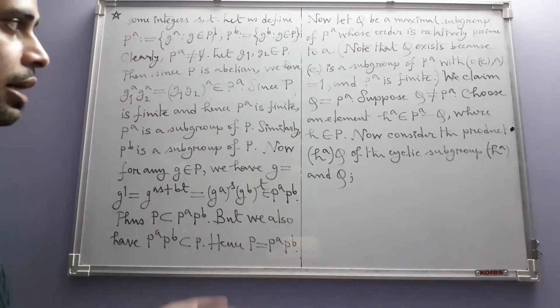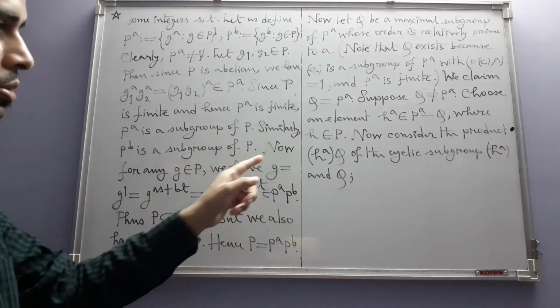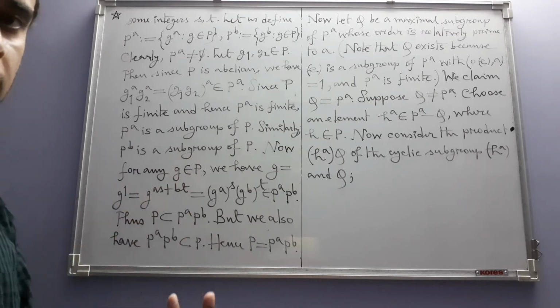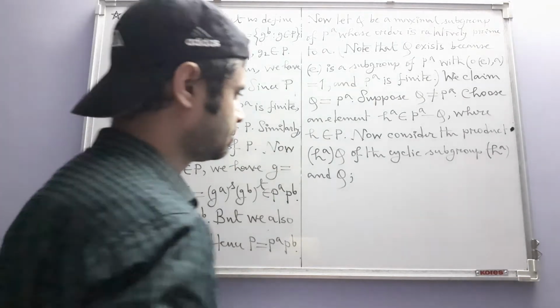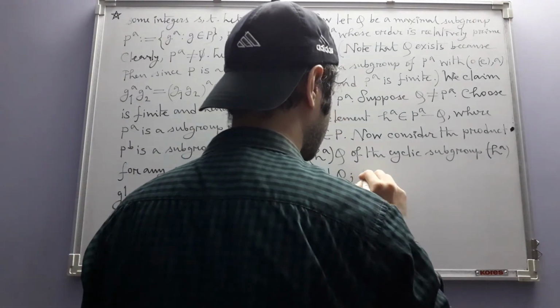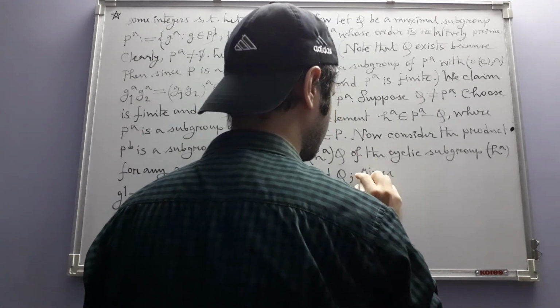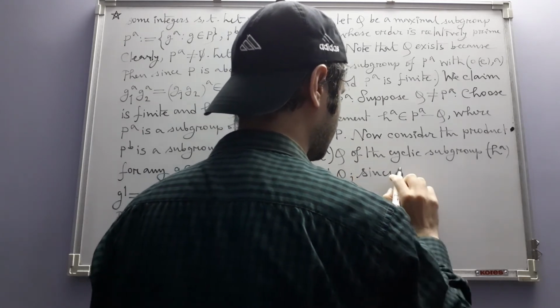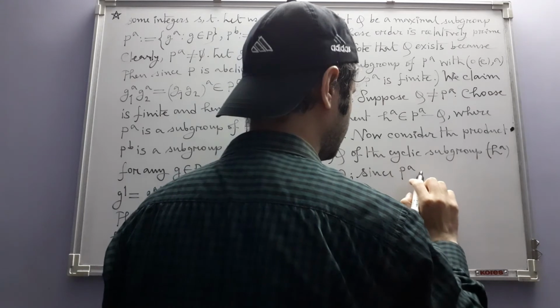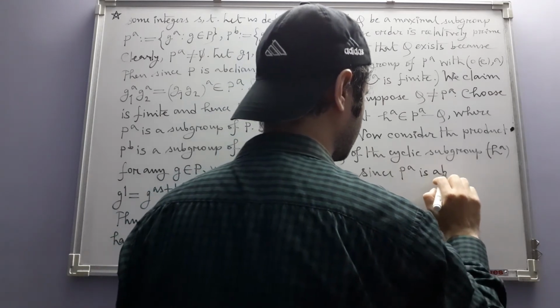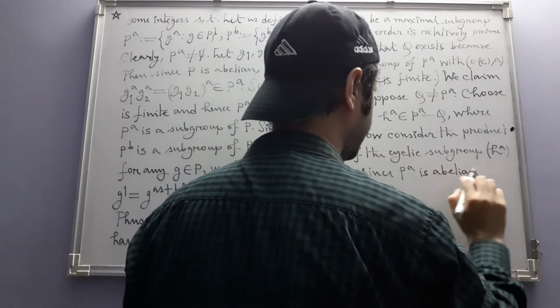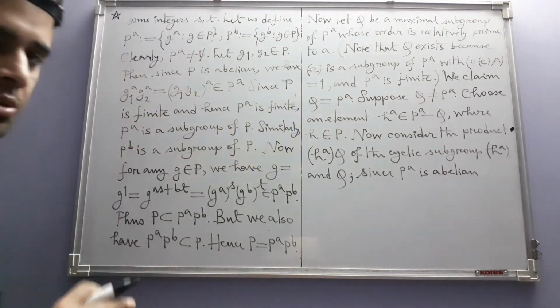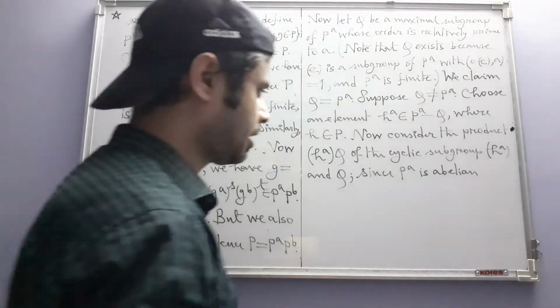Now because we are in an abelian group, this product will itself be a subgroup of PA, since PA is abelian. PA is abelian because it's a subgroup of P which is given to be abelian.